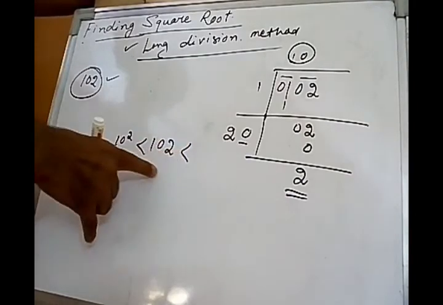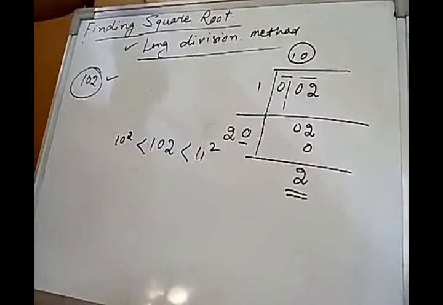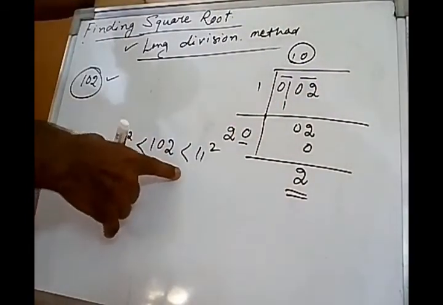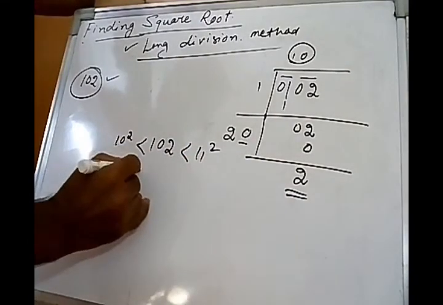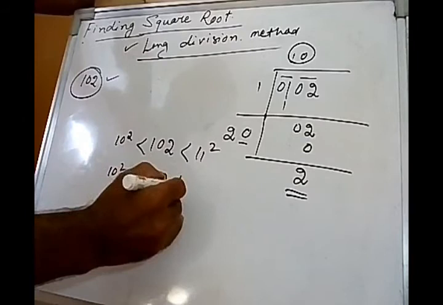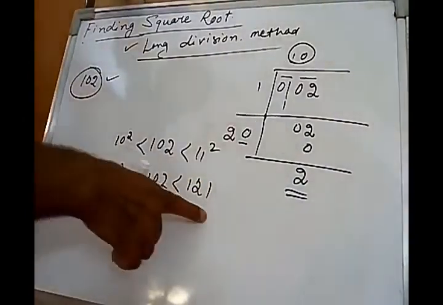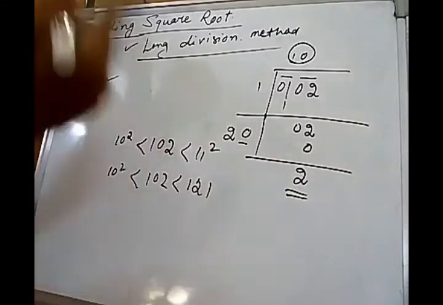Then after 102 whose square will come? Definitely 11 square, because below 102, 10 square is there. So after 102, 11 square will come.